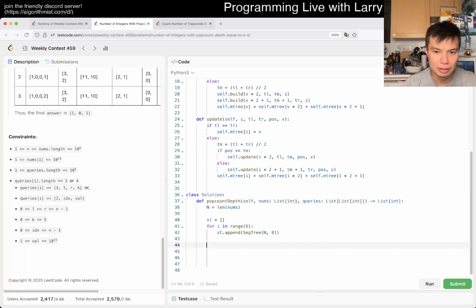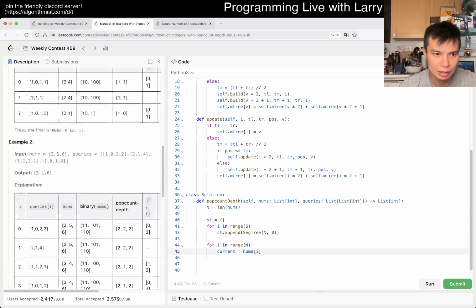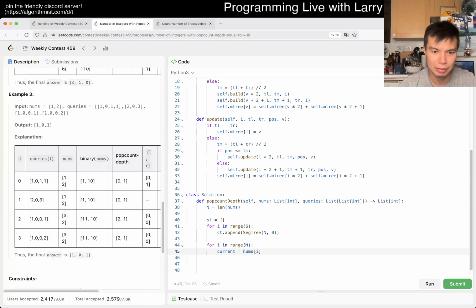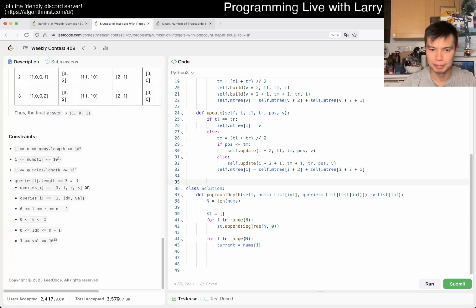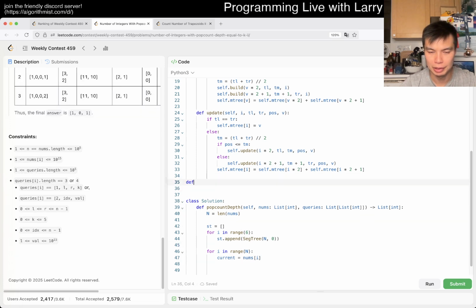Okay, and then now we have to process the thing. We don't actually need yesterday's thing, but I guess we'll have a helper anyway.